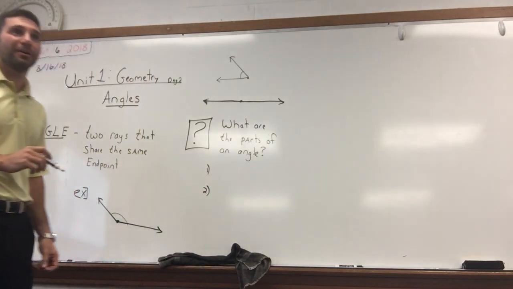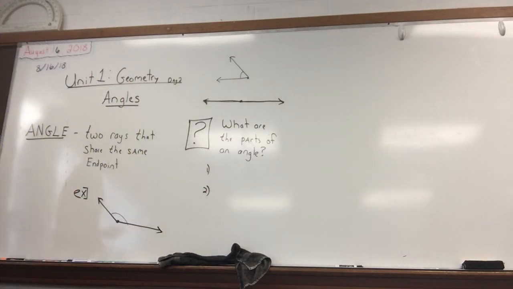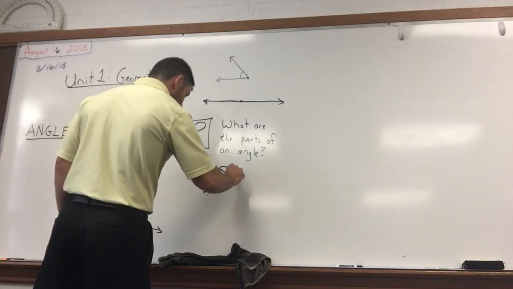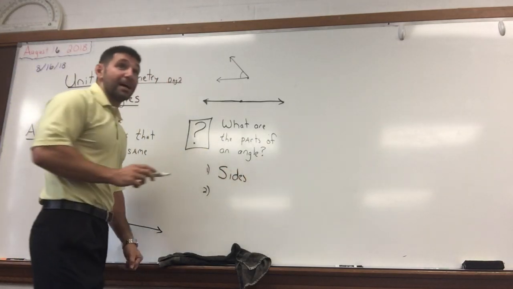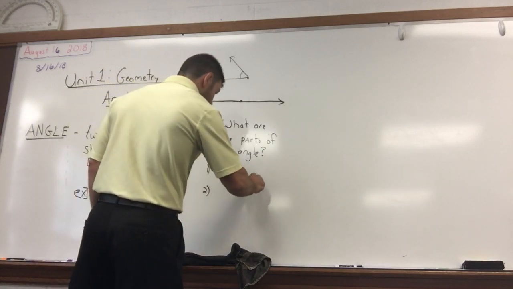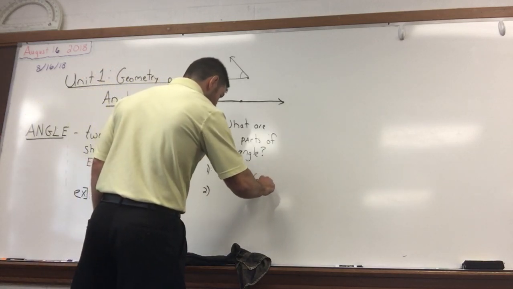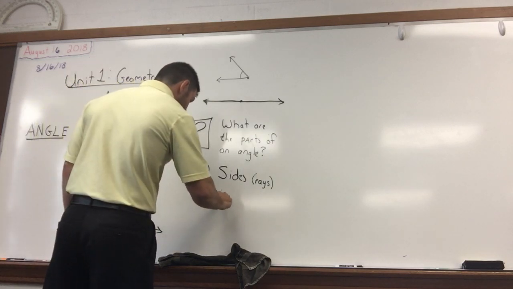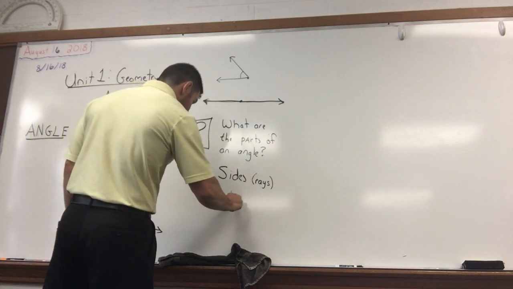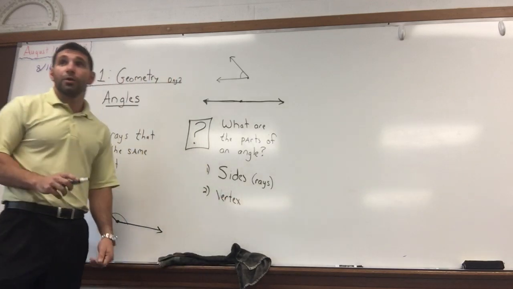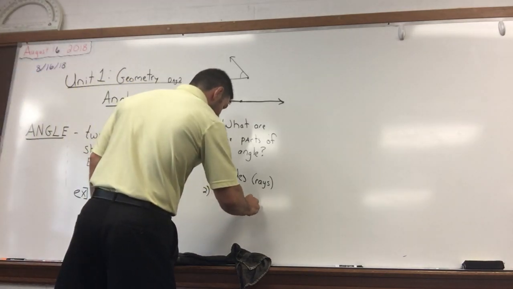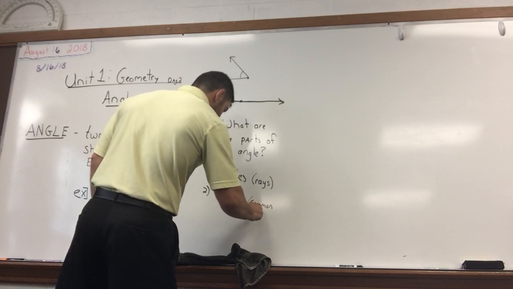Okay? We've got two parts of an angle. We've got sides. The sides are the rays. And we've got what's called the vertex. The vertex is that common endpoint.